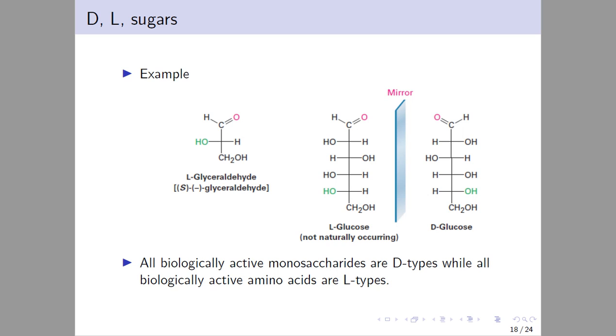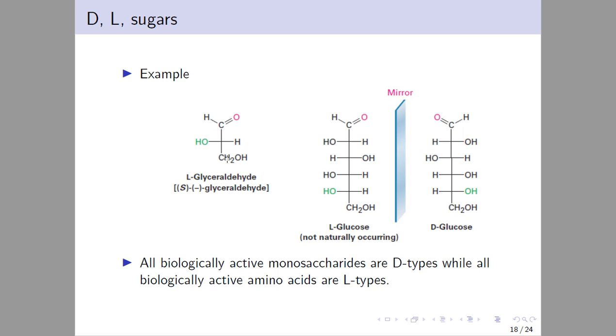What we can say about this D and L configuration, the molecule direction, is that all biologically active monosaccharides are D type, meaning that if this monosaccharide is D type, it will be active.